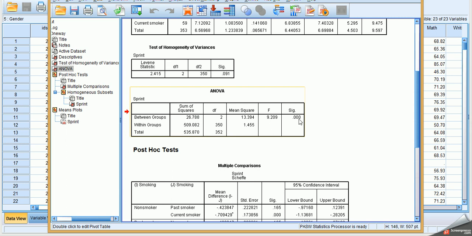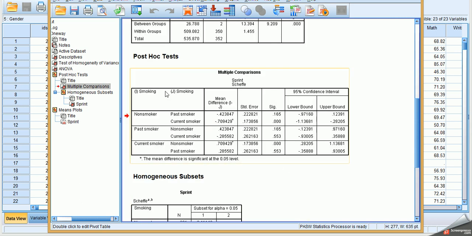Now for the ANOVA, this is the same as we explained. This is 0.000, and it tells us that one of the means is different from the others. This is the post hoc test. It checks if there are any significant differences between each two groups.